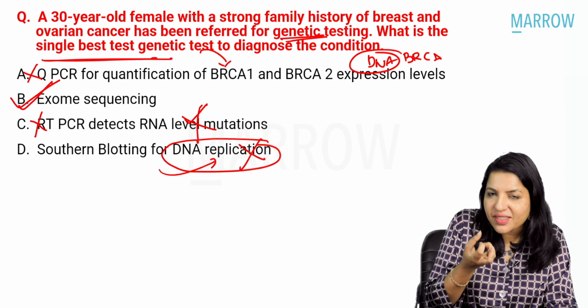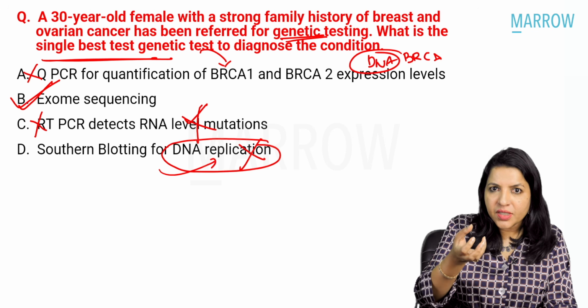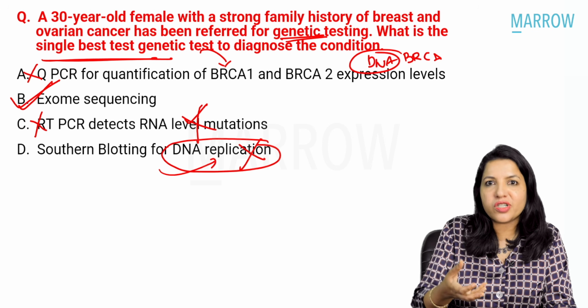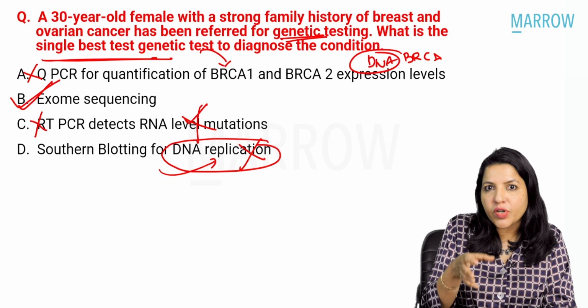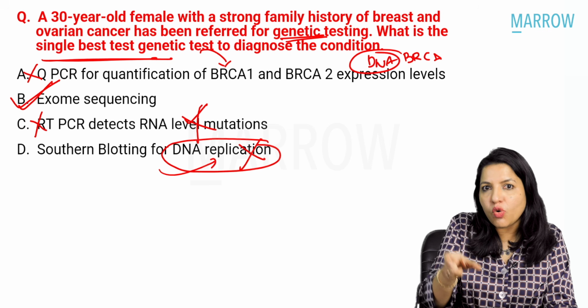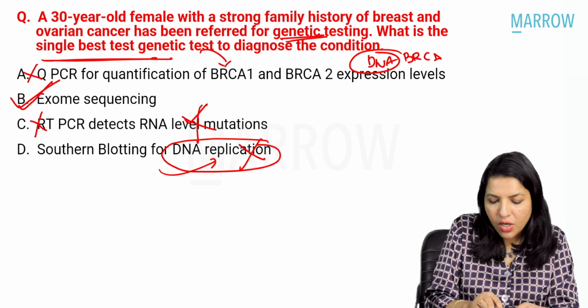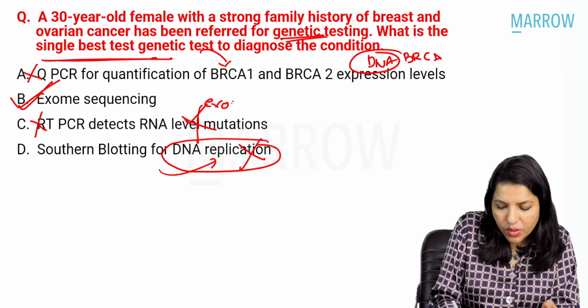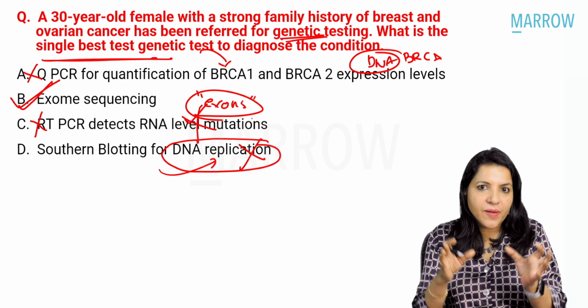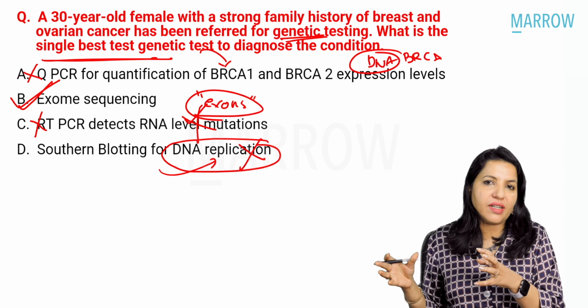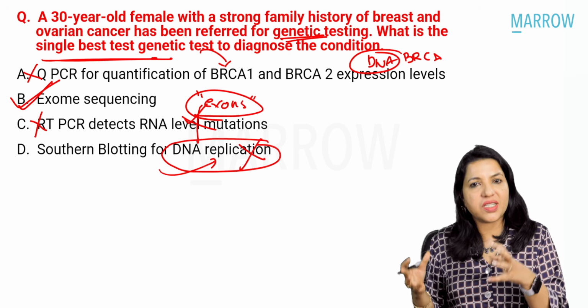But if resources or money are limited for testing, then we can check only the coding regions, which means only exons are sequenced. All the exons are sequenced. That is called whole exome sequencing.